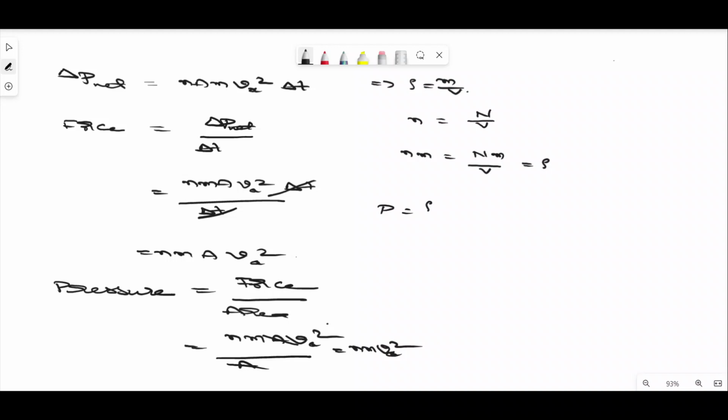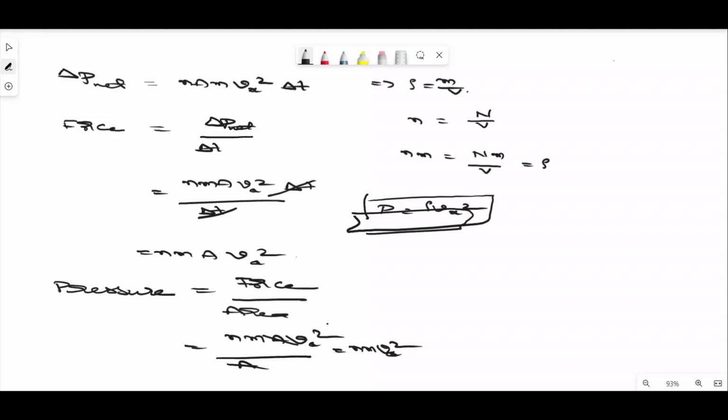So by replacing n m with rho, the pressure can be represented as P equals rho Vx square. This represents the pressure acting along the x-axis.